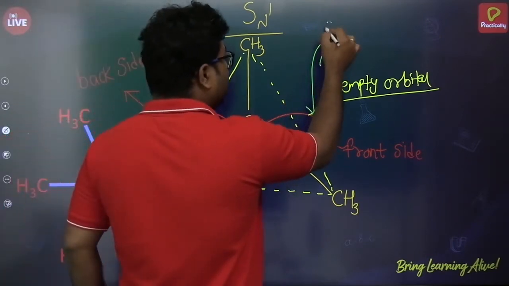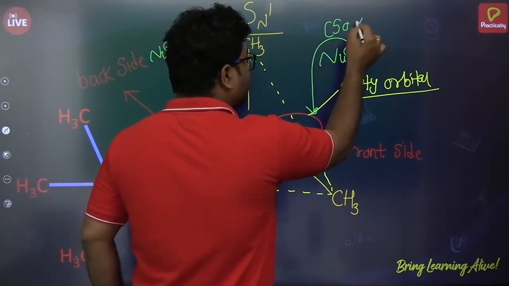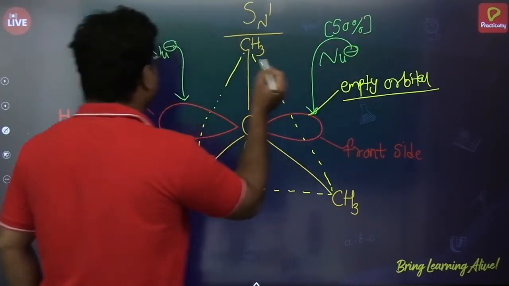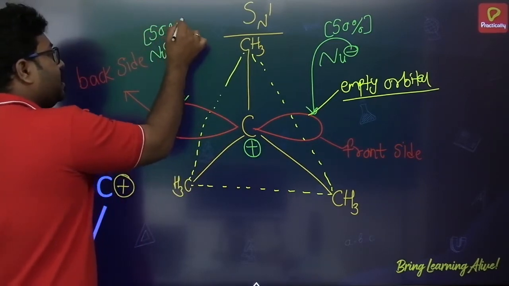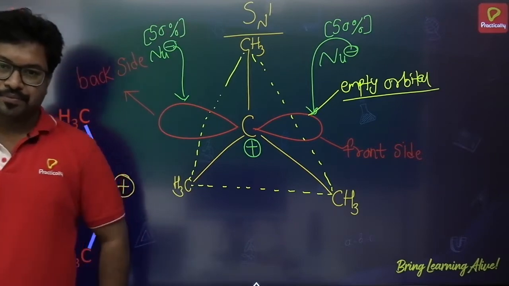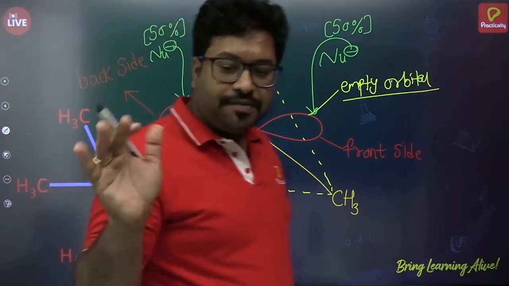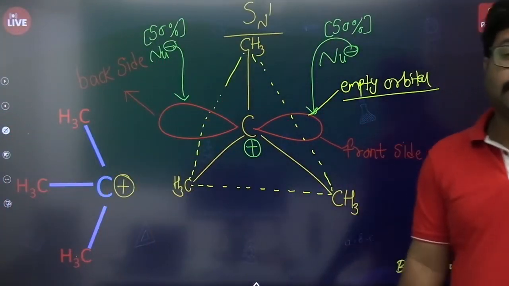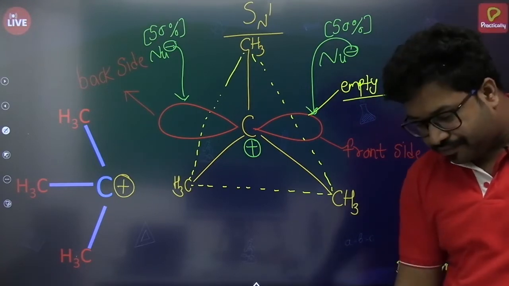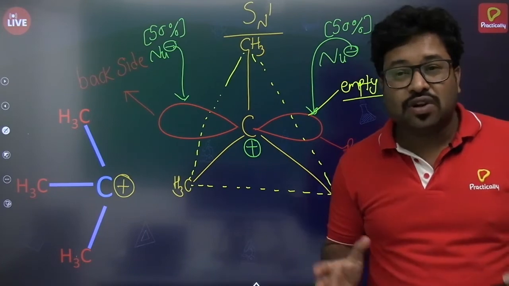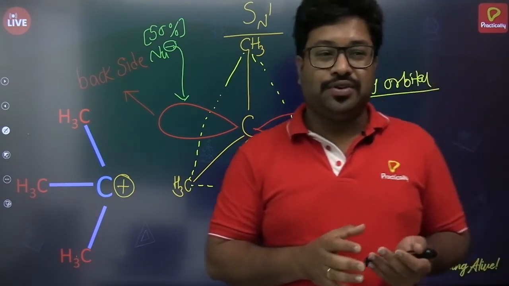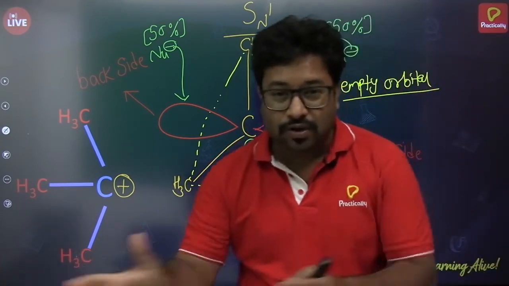So technically 50% attack happens from the front side, and 50% attack happens from the back side, because there is an equal probability. It's not that I wanted to distribute it, but tum aadha lo, tum aadha lo. It's not like that.